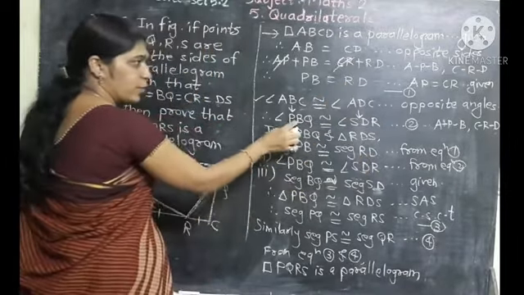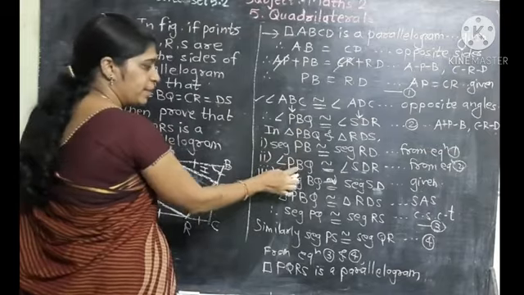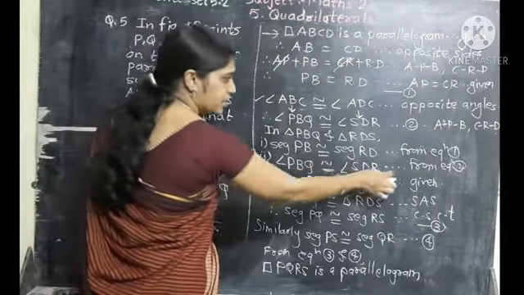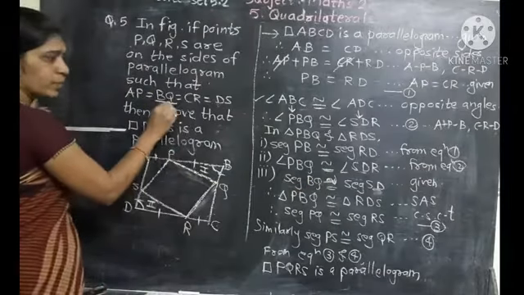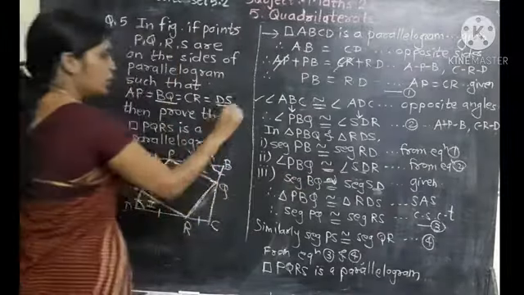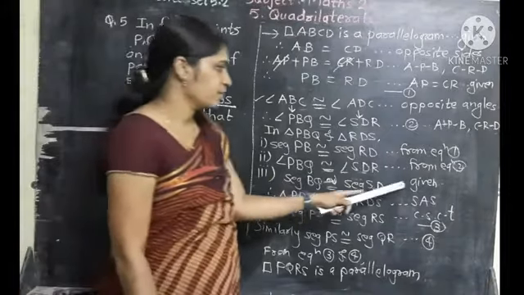Okay, and from equation 2, angle PBQ is congruent to angle SDR. And BQ is congruent to DS, given.